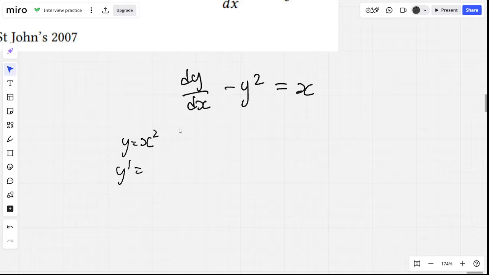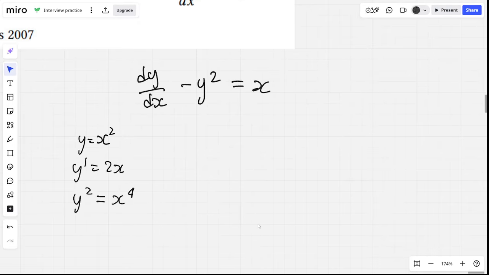y dash is equal to 2x, and y squared is x to the 4. So x to the 4. No. If you see me stop, it's because my Miro board keeps on bugging out.